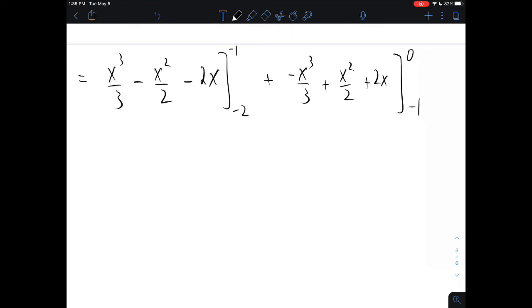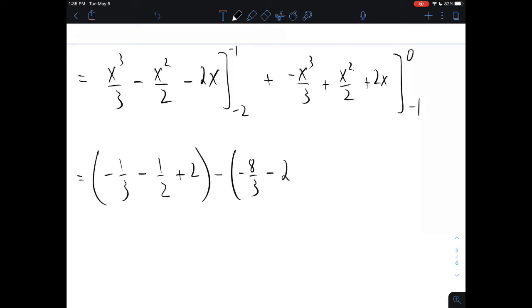So plugging in -1 first to my first antiderivative, I get -1 cubed is -1, so -1 third, minus -1 squared is still +1, so I'd have -1 half, and then plus 2. Plugging in -2, I get -8 thirds, and then minus 4 over 2, or 2, and then plus 4.